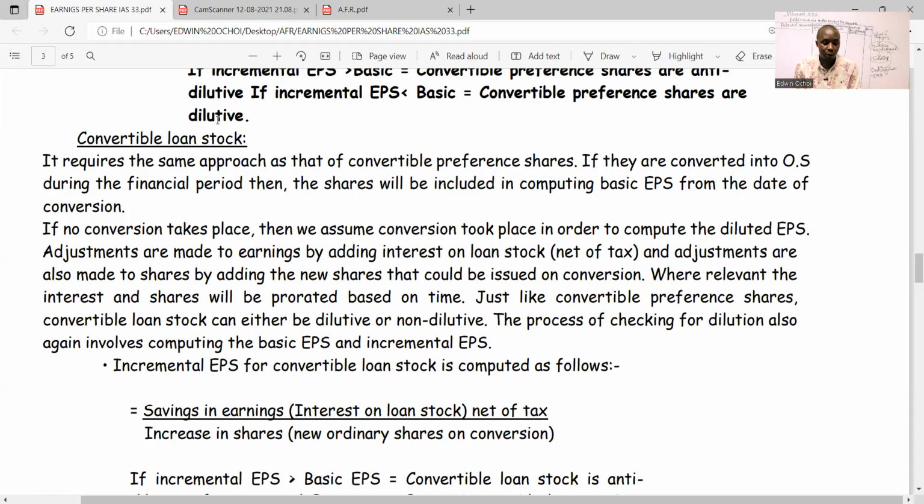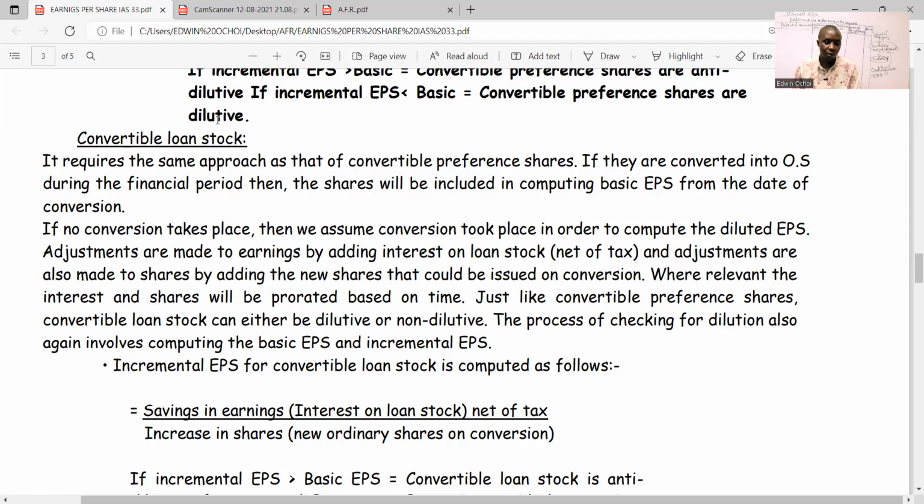If no conversion takes place, then we assume the conversion took place in order to compute the diluted EPS. Adjustments are made to earnings by adding interest net of tax, meaning I have to multiply with 0.7. Net of tax is 1 minus tax; 1 minus 0.3 is 0.7.